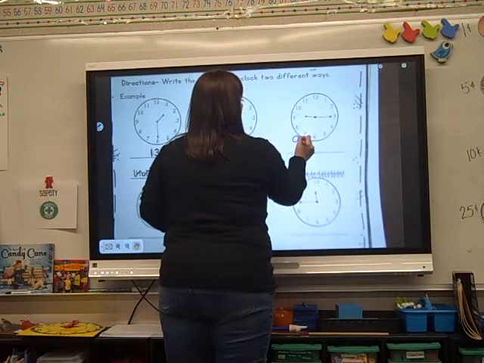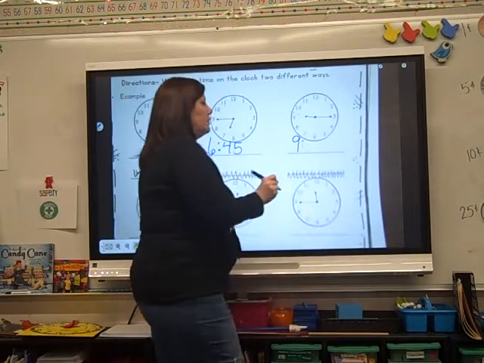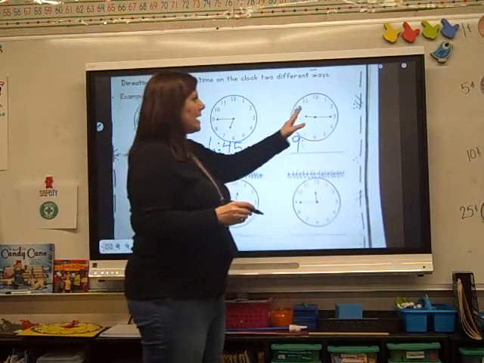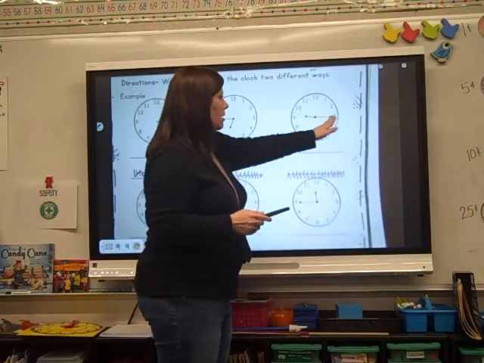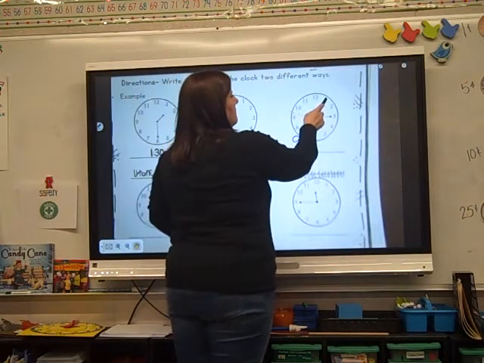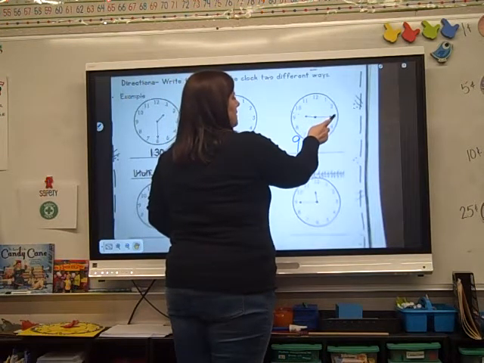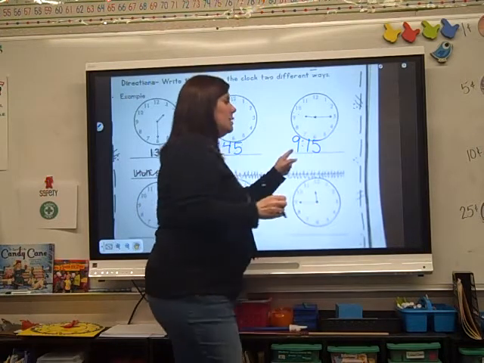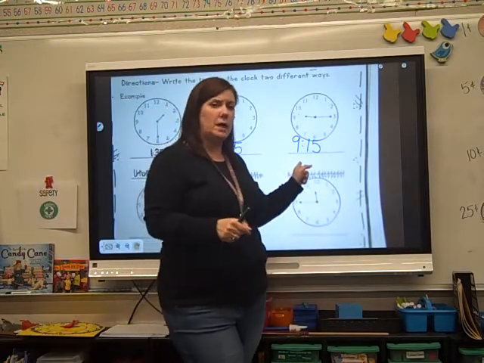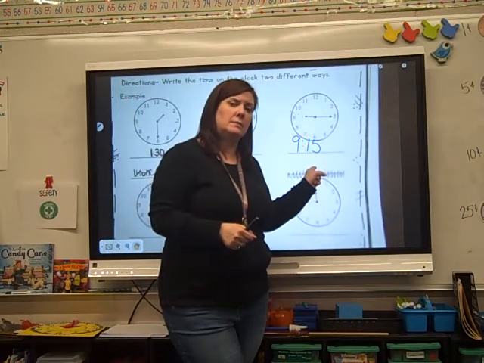And y'all remember, these little markers don't do dots very well. And then we've got to count by 5s till we get to the long hand, that long minute hand. Ready? 5, 10, 15. 9:15. So 9:15 in the morning, you are in math class. Okay?